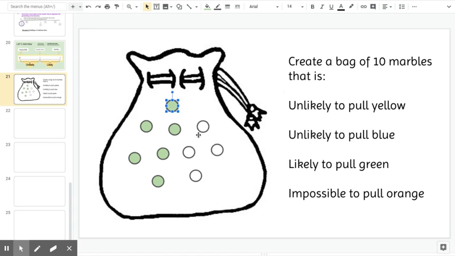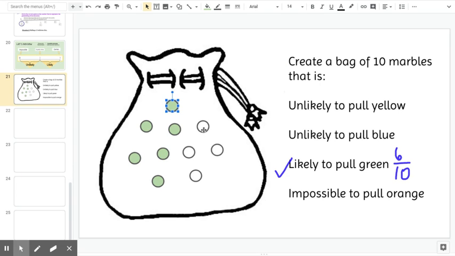I can even do 7 if I really wanted to, but I want to make sure I have marbles left over for yellow and blue. So at this point, my chance of pulling green, if that's my desired outcome, is 6 out of my 10 marbles. So it is likely for me to pull green. 1, 2, 3, 4, 5, 6. Yep.